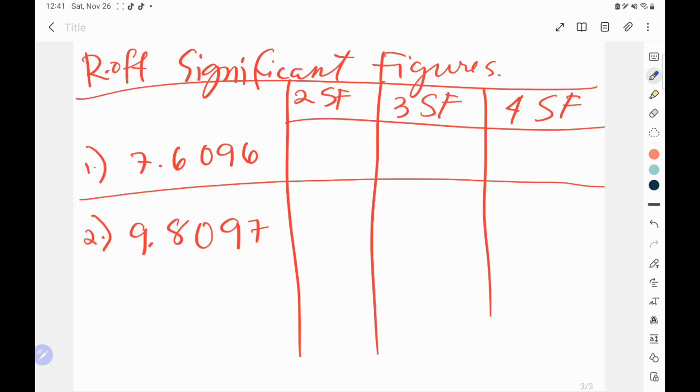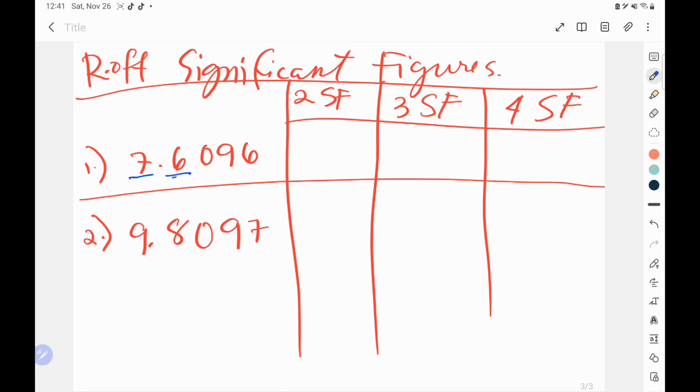Okay, let's round this off to a number of significant figures. Now, if the question says round off to a particular number of significant figures, for example, 2 significant figures, or 3 significant figures, or 4 significant figures, that's what you're going to do. For example, let's do 2 significant figures here. We know that the first significant figure is 7, and the second significant figure is 6.